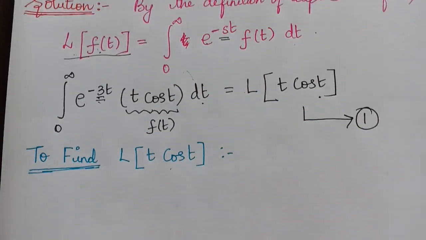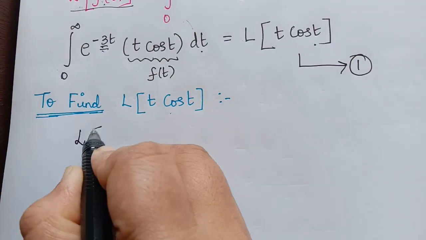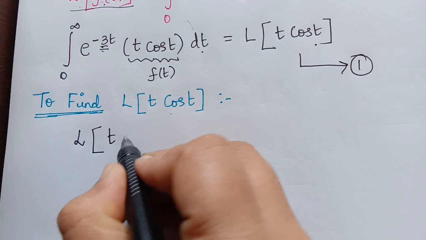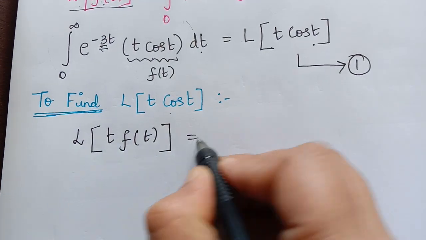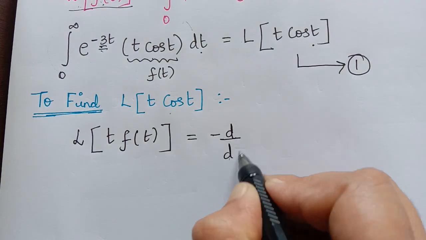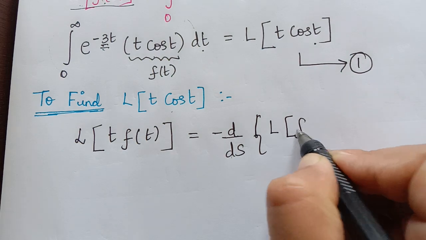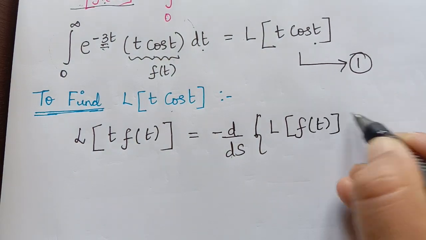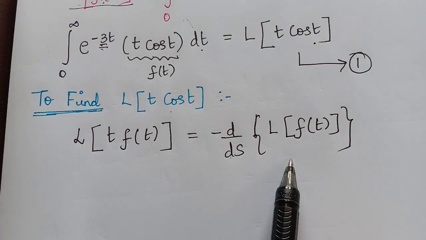We now have to find L of t cos t. So by the second theorem, we know that L of t f(t) is equal to negative d by ds of L of f(t). So this we have learnt in our previous video lectures. So we will be using this now.